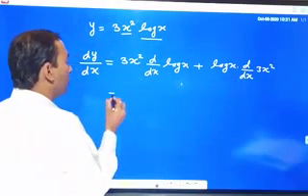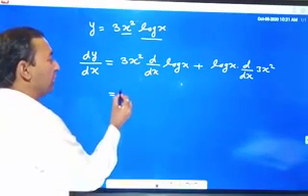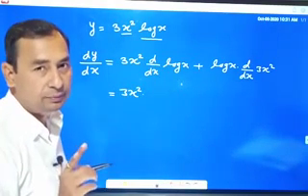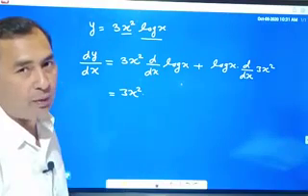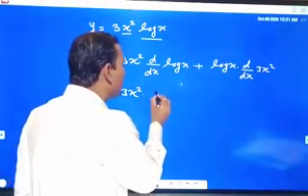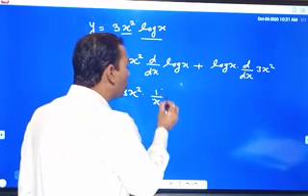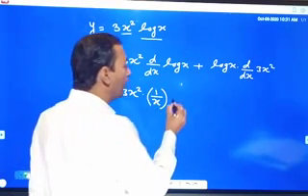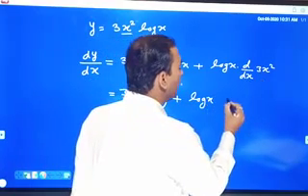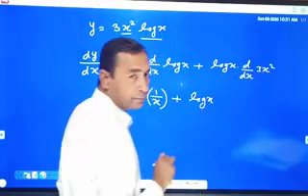Now 3x square is constant and we know the formula for differentiation of log x is, देखिए आप जो लिस्ट ऑफ फॉर्मूला है उनमें देखिए, what is the differentiation of log x? Then differentiation of log x is 1 upon x, plus log x. What is the differentiation of 3x square?